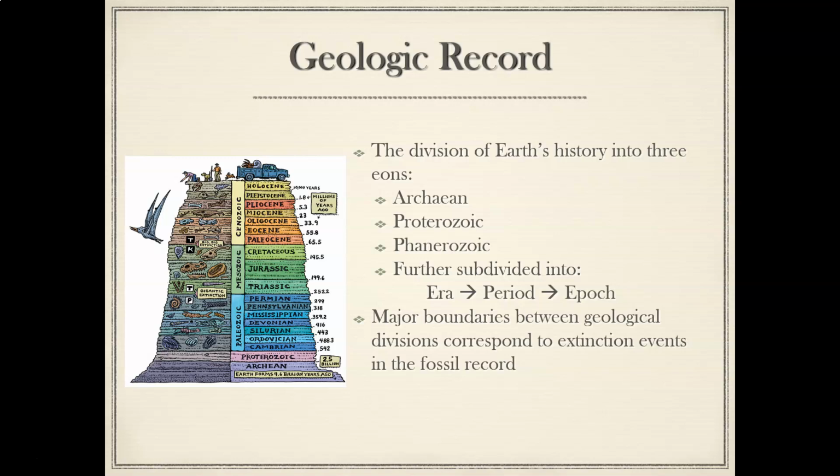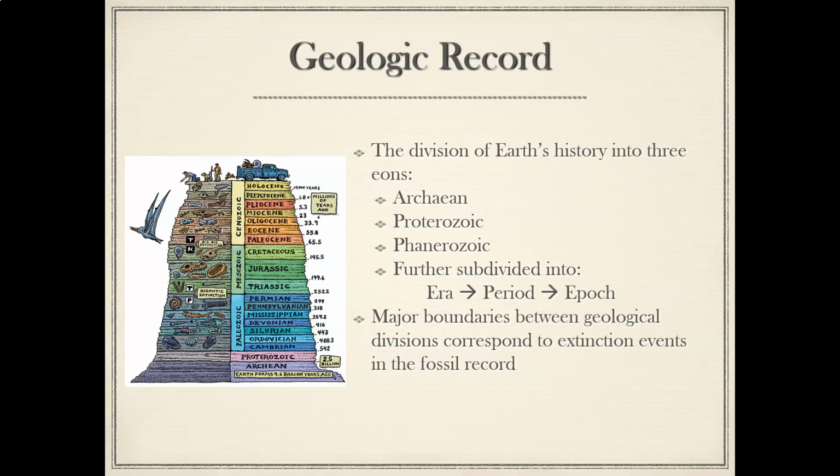And so what they've done is successfully broken up Earth's history into these eons, eras, periods, epochs. And we look through the fossil record for major changes as places to superimpose these divisions onto that fossil record.